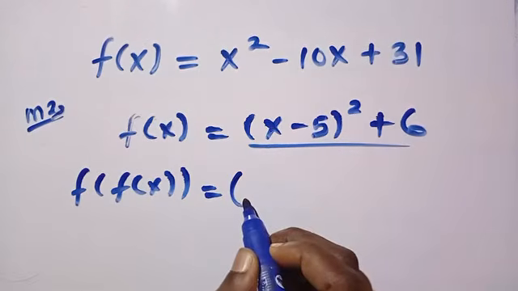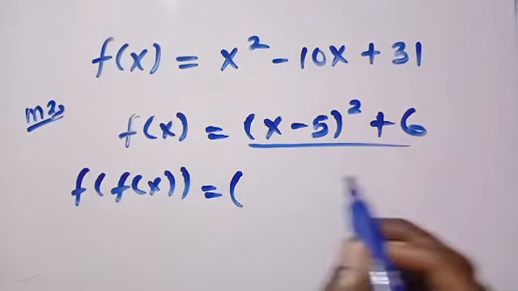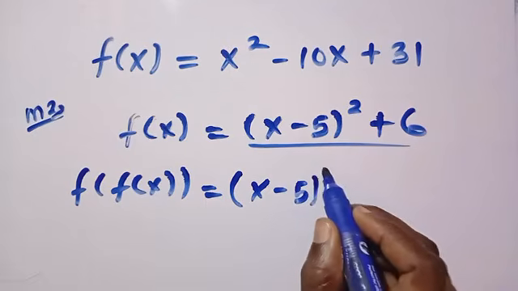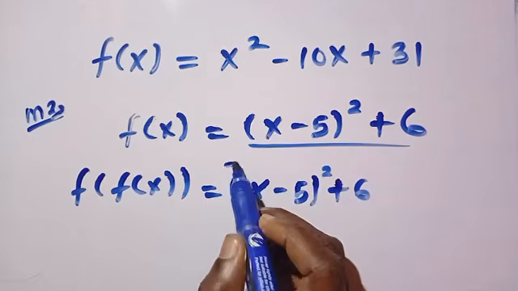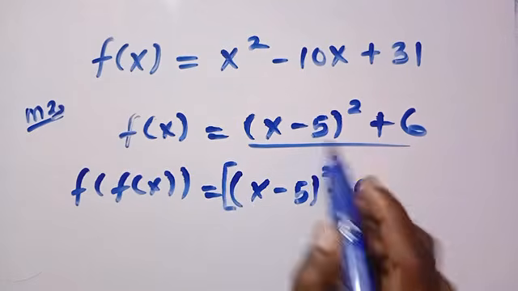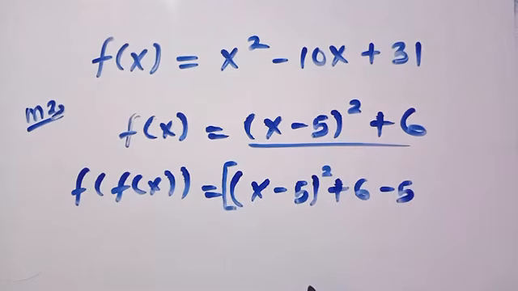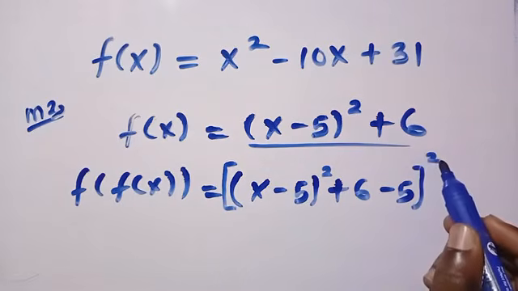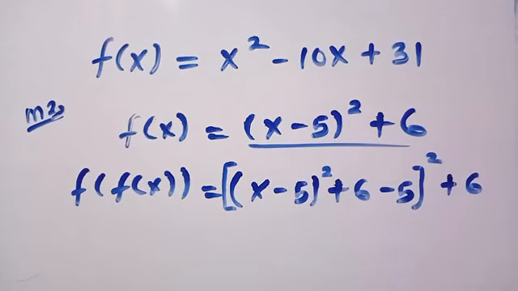Therefore, the x that we need here is now everything, which is x minus 5 raised to power of 2 plus 6. This is for only this x. Then everything in bracket minus 5. Alright, then all raised to power of 2 plus 6. So this is what we have.